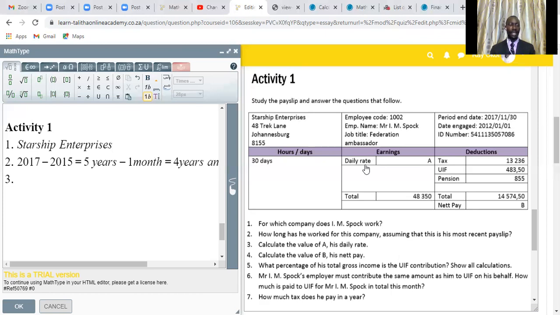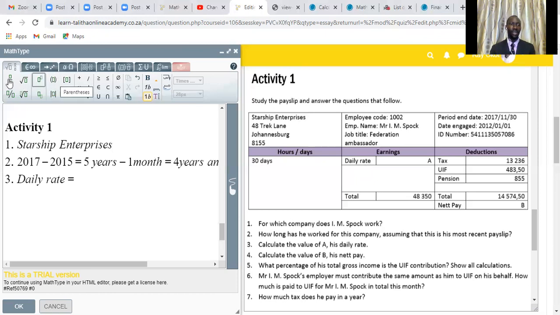Well, the daily rate will be calculated when we divide the total amount or the total earning by the period of time.